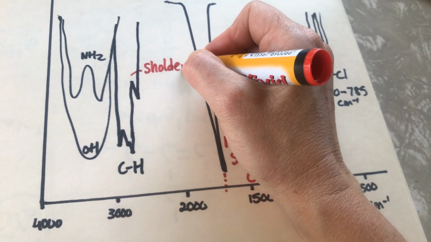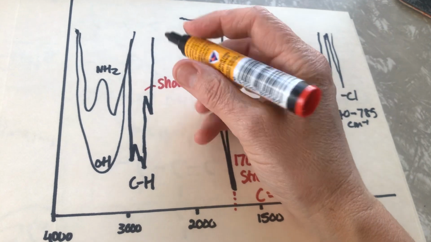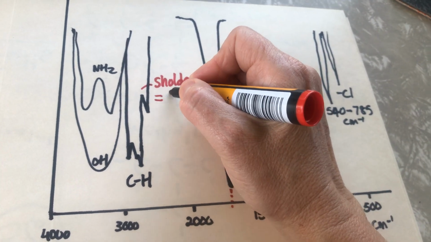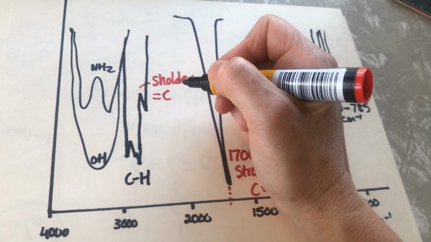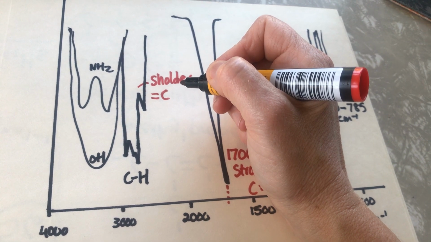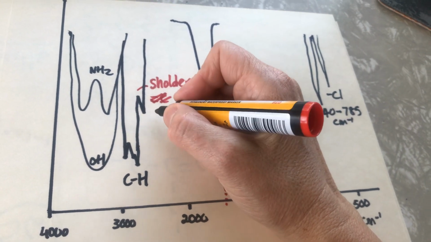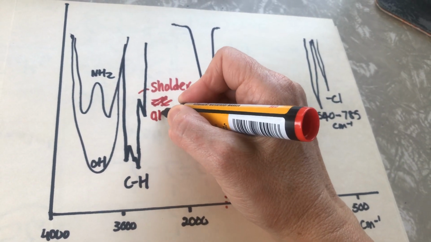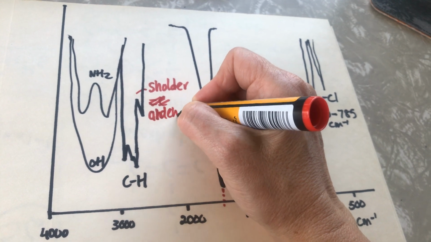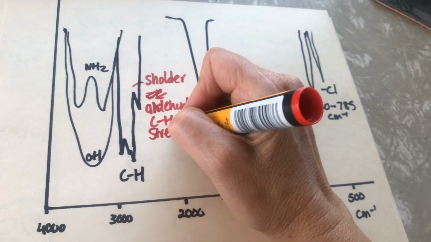Sorry, lovely little shoulder peak, which is this. Let's just call it an aldehyde C-H stretch. Aldehyde C-H stretch.